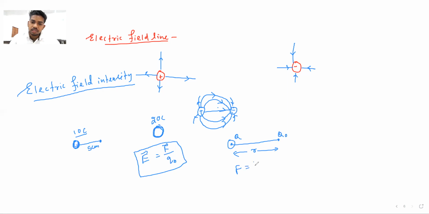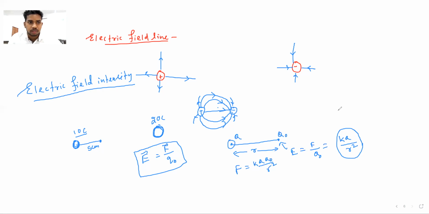Then the force between them is KQQ naught by R square. So at this point, field intensity will be F by Q naught. By taking the ratio, we get KQ by R square. So electric field intensity is K into charge by distance square.